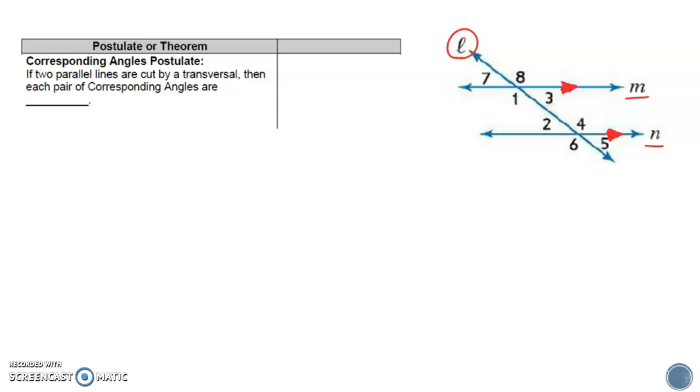The corresponding angles postulate says that if two parallel lines are cut by a transversal, then each pair of corresponding angles are congruent. So here I have highlighted the corresponding angles, and I could say that angle 7 is congruent to angle 2 because angle 7 and angle 2 are both corresponding angles.